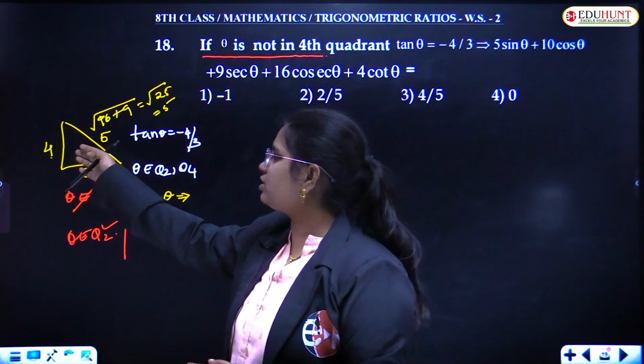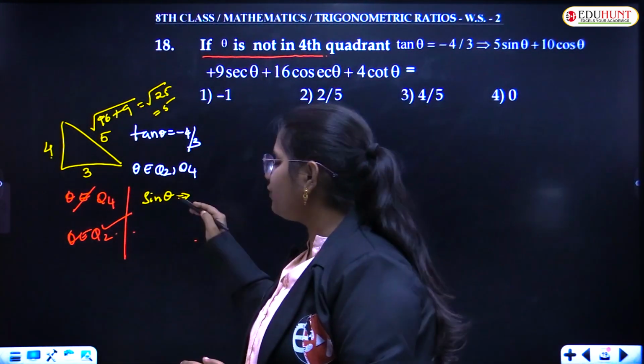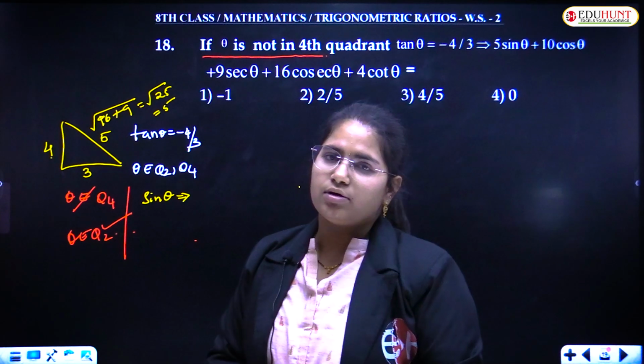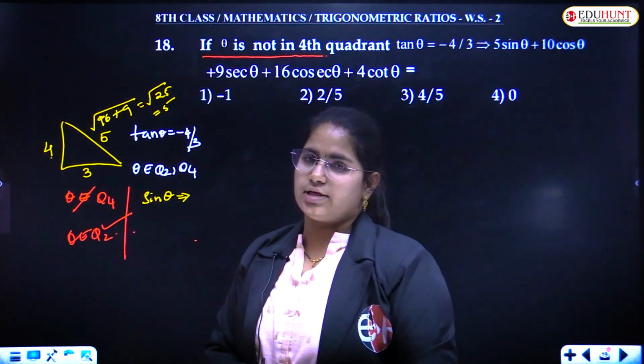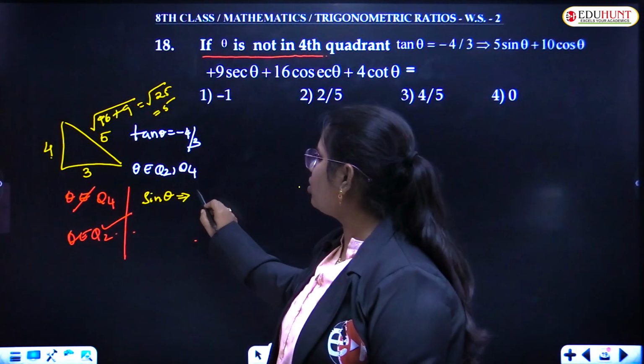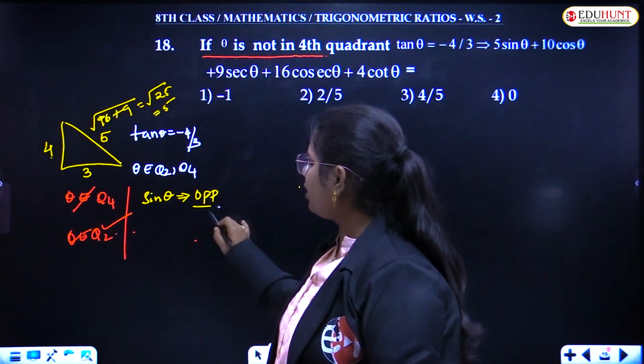So this is 4, this is 3 and this is 5. What is the definition of sine theta? Sine theta is equal to opposite upon hypotenuse.